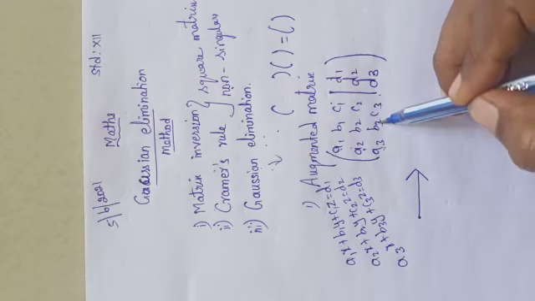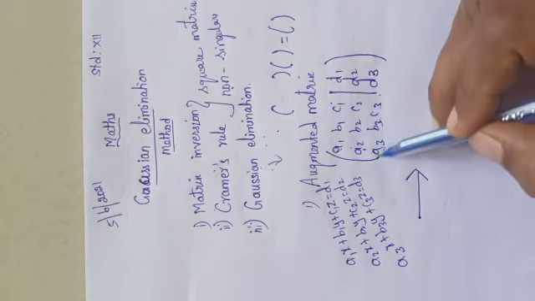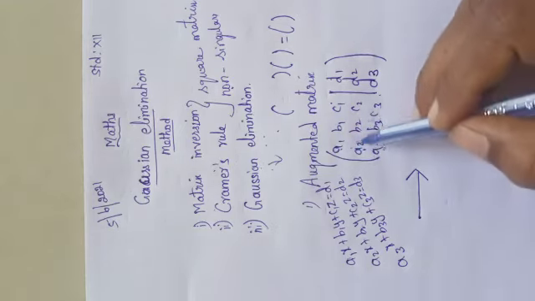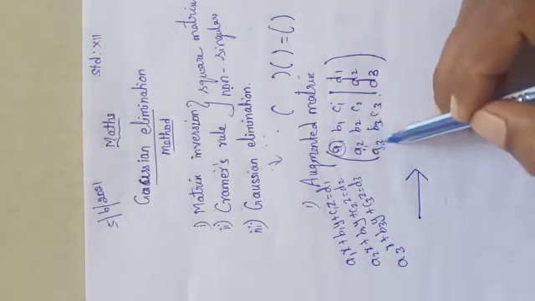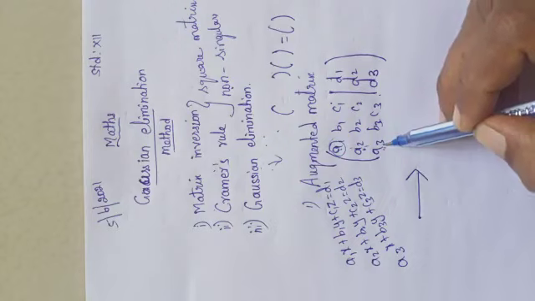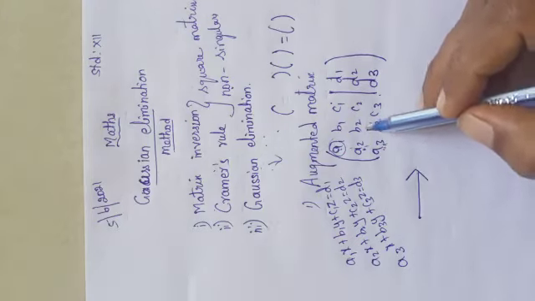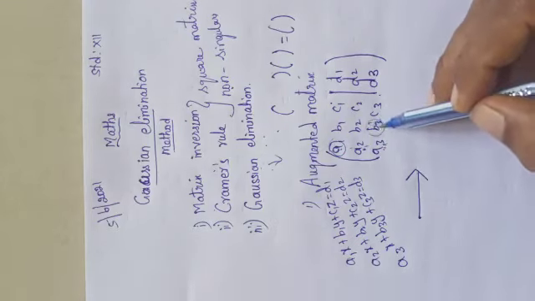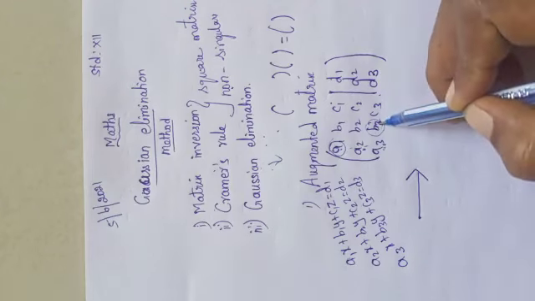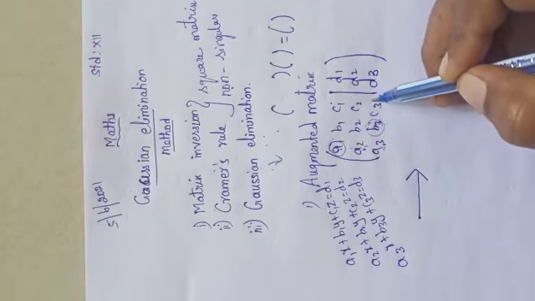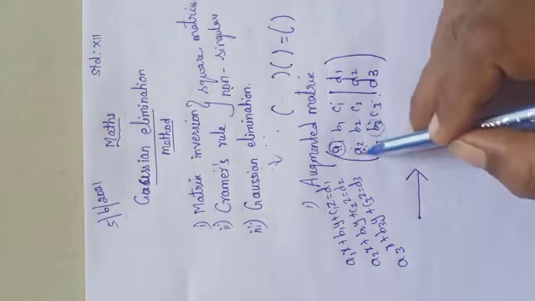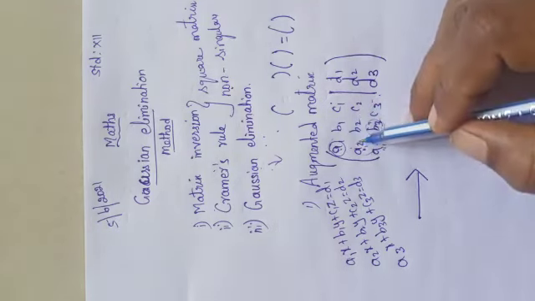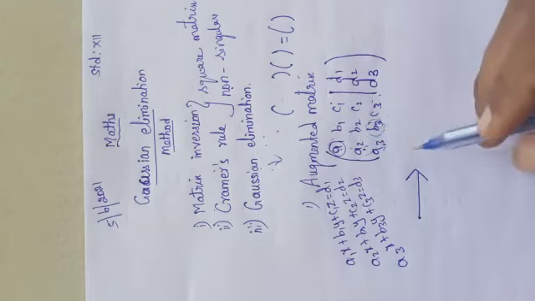First, we make as many entries as possible 0. Below the first element, these two values first have to be made 0. Then we try the B3 value, which must be 0. Then if possible, C3. When we make these 0, we say it is row echelon form.